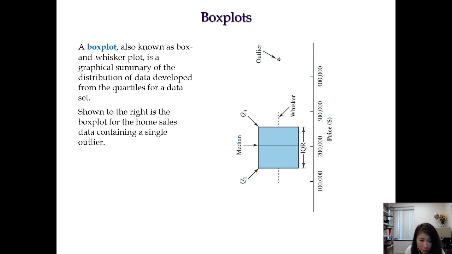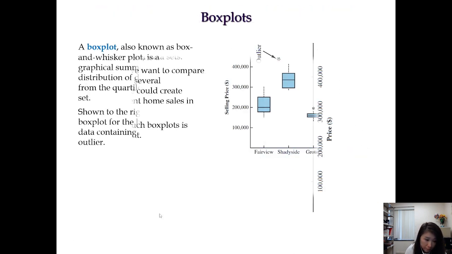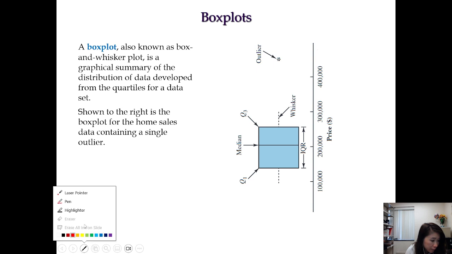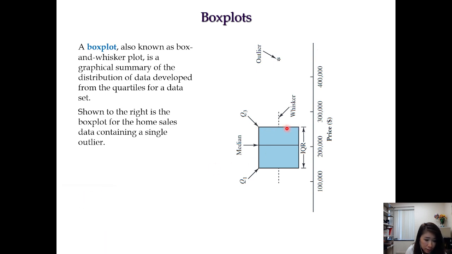As you can see, the box plot, as the name indicates, is a box. On this plot, the top of the box indicates the third quantile, and the bottom of the box indicates the first quantile.